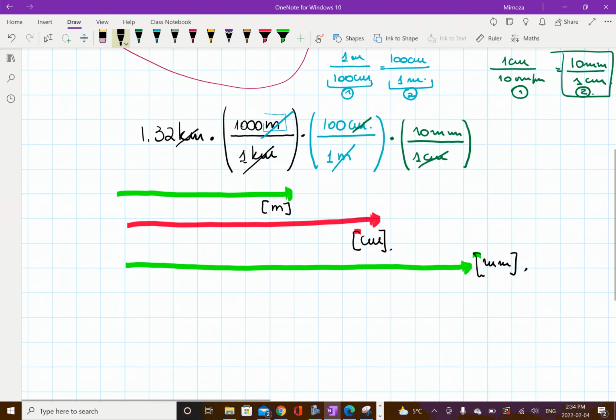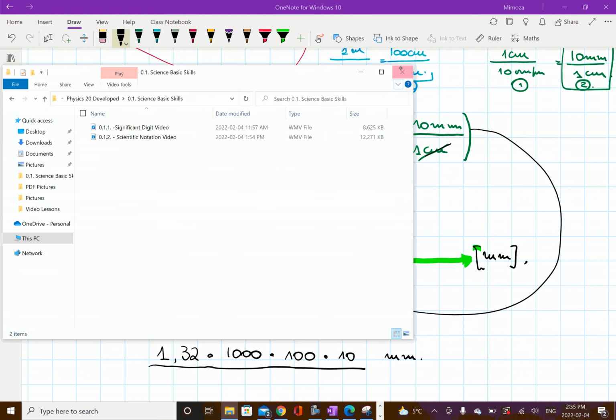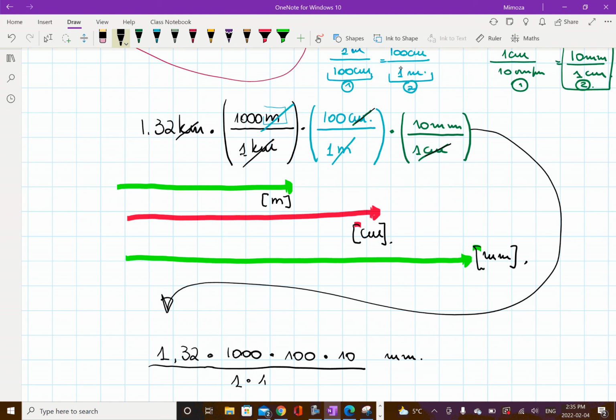So now in terms of the numbers, what we have is 1.32 kilometers, which is cancelled out, times 1,000 meters, which is cancelled out, times 100 centimeters, which is cancelled out, and times 10, and the units are millimeters, over 1 times 1 times 1, which you may not write.